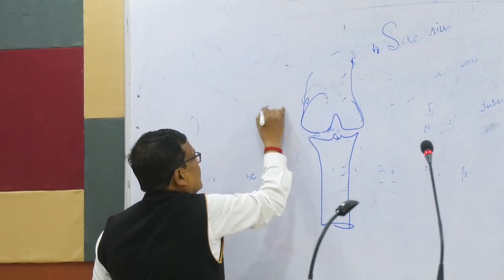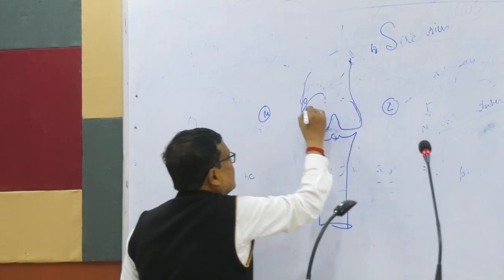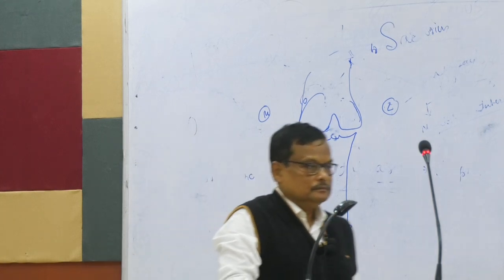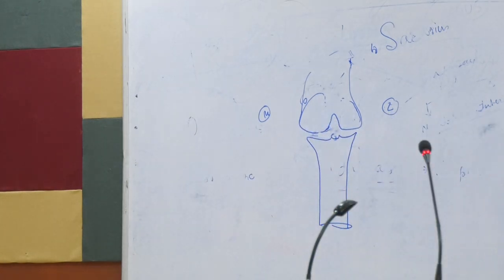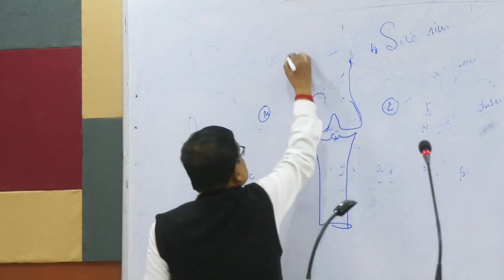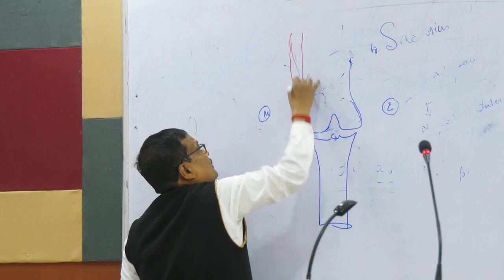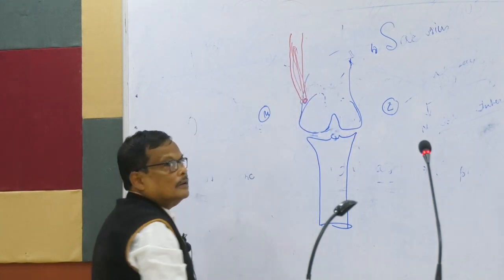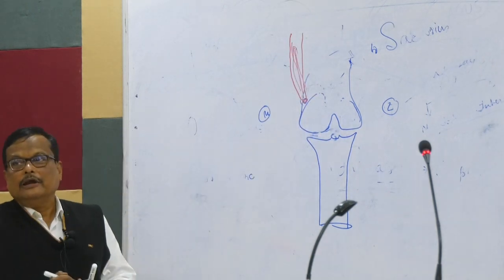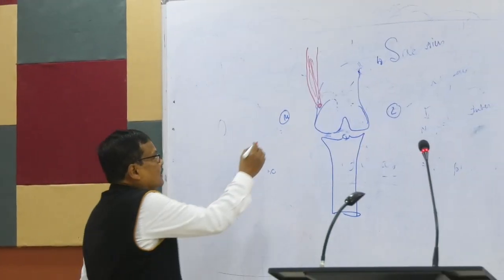This is the medial, this is the lateral side. The adductor magnus is inserted here, right? In the adductor tubercle. This is the adductor tubercle.